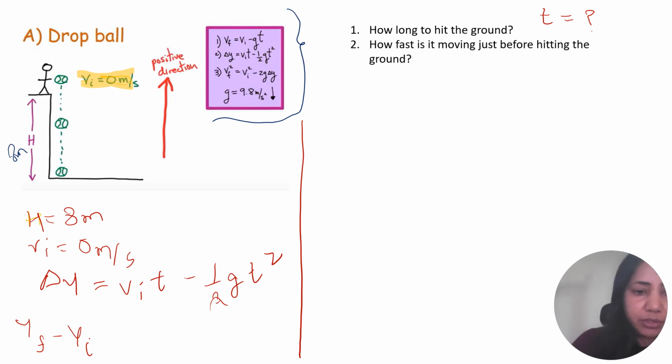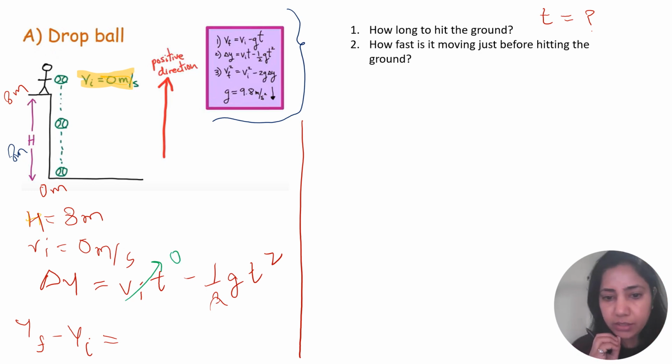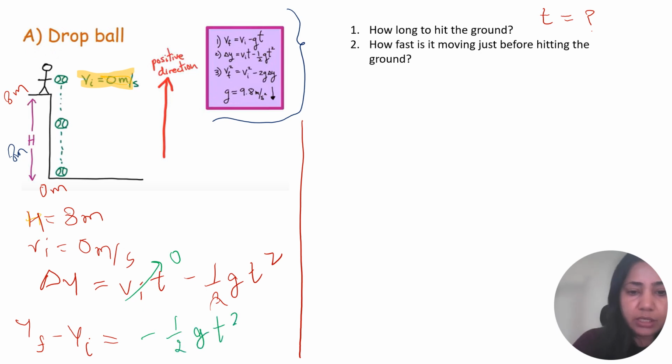The final position here is 0 meters, and the initial position was 8 meters. Since vi is 0, that whole term becomes 0, and we are left with negative half g t squared.